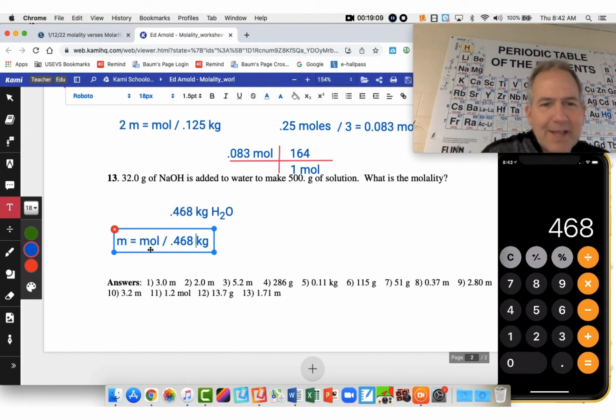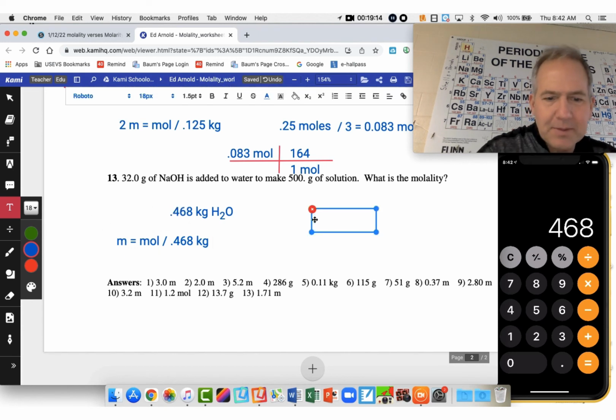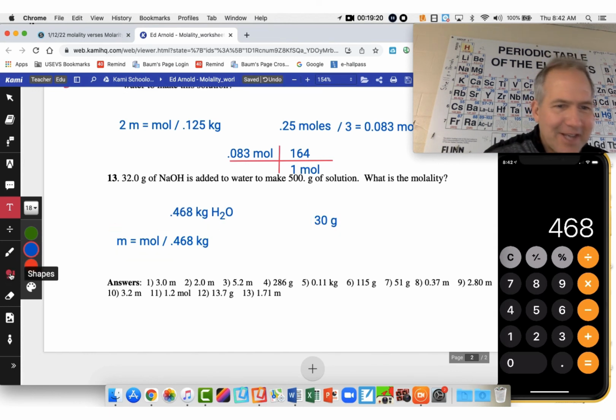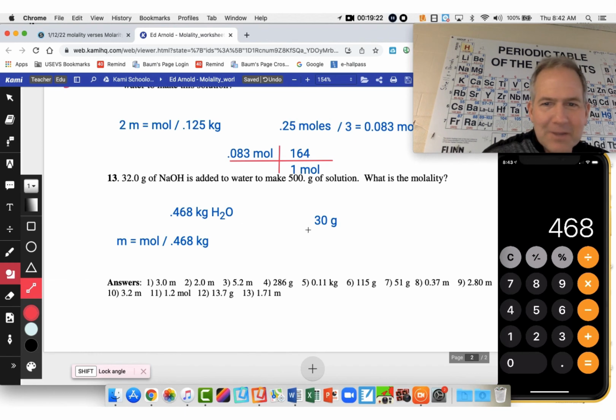And then this last thing is that we have to find the moles. So we have 30 grams. And you might know this by now because I think we've used it so much in the last week or so, is that NaOH has a mass of 40. It's what we use for our experiment.